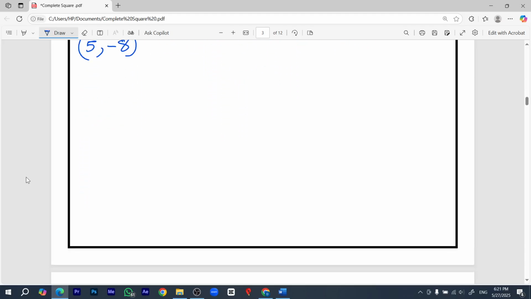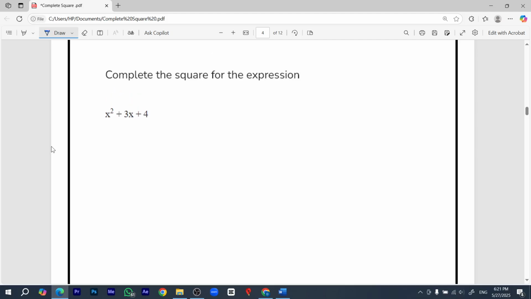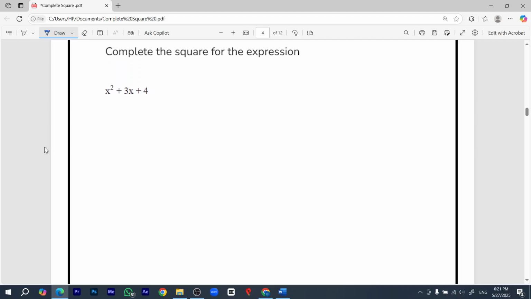Let's dive into the next example. Here we have x squared plus 3x plus 4. We apply completing the square: open the bracket, x plus 3 divided by 2, which is 1.5, squared.